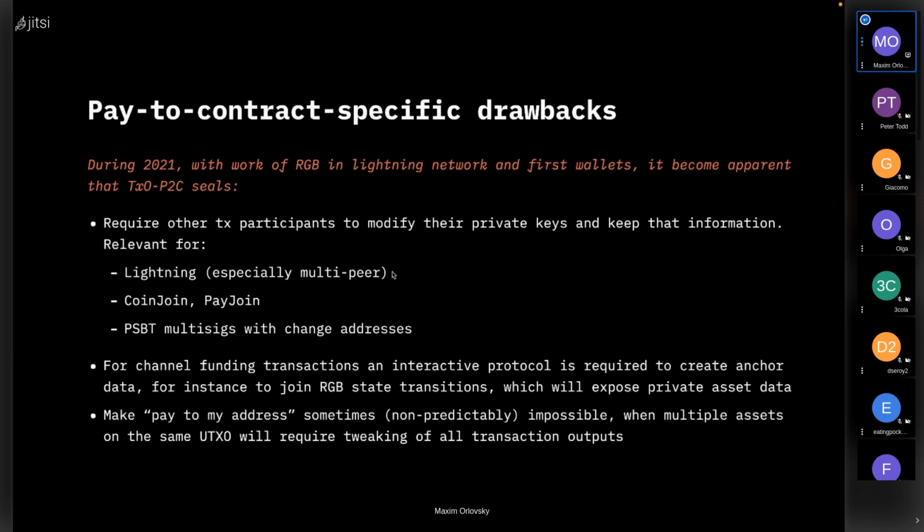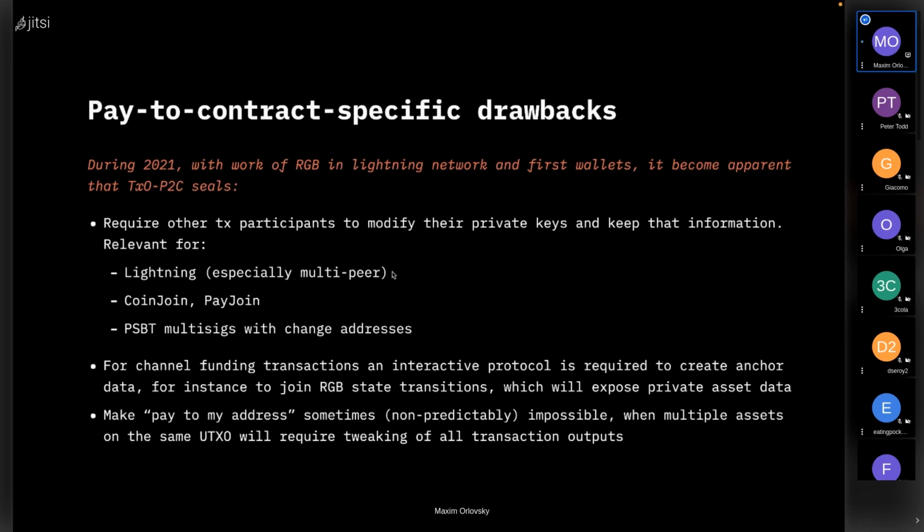So the receiver wouldn't be able to see the funds coming, and you have a very hard user experience time explaining that to people. And the worst part of the story is that it happens unpredictably, because our assumption was that you will always have a change address and you will just put the tweak into that change address. That's not how it works in the multi-asset world.